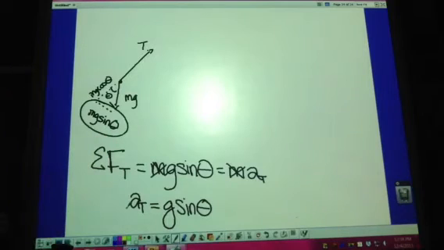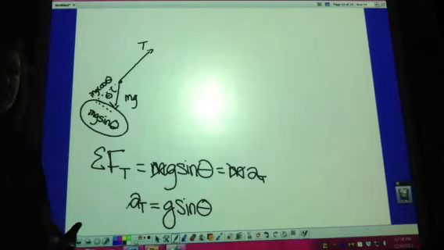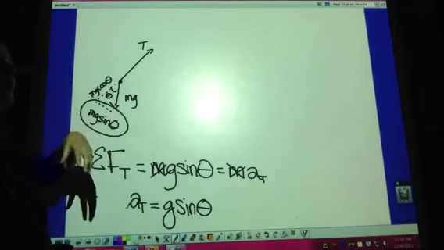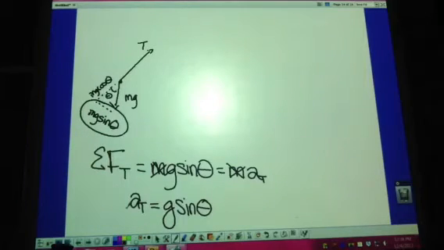On our free body diagram, these would be radial forces, right? Because tension is acting along the radius. So I want to think about the sum of the forces in the y direction, because that would be what's giving me my radial force.